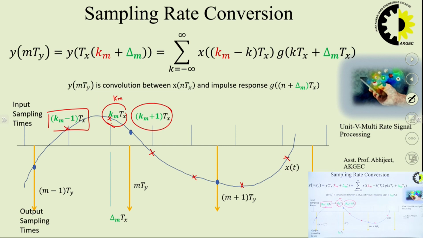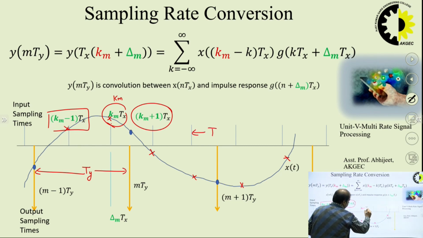We want to change it into ty. So the interval changes. The interval is ty. Earlier the interval was tx. The period of taking the samples changes. It is a multiple rate, and that is a multiple of delta m and m. So add delta m plus m ty, m plus 1 ty.